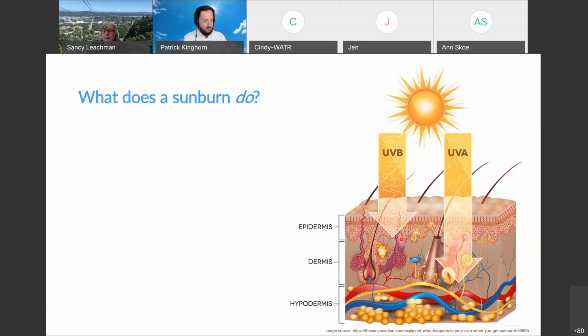But if you look up here in the epidermis, between the epidermis and the dermis, is what they call the basal layer. This is where the melanocytes live, and they feed the pigment to the keratinocytes that give you a tan.